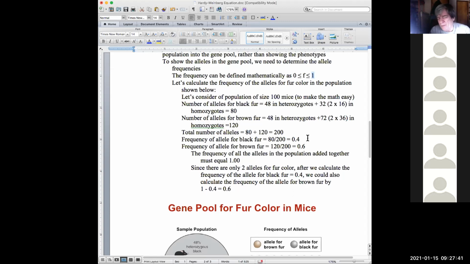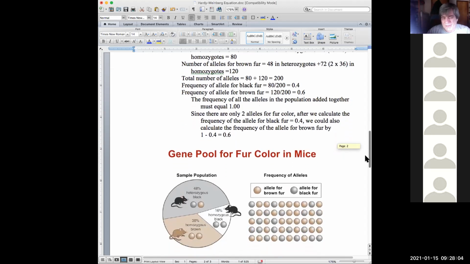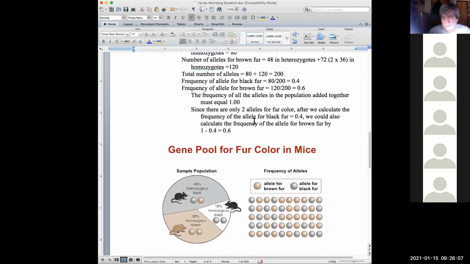Now, keep in mind, if we have weird numbers, and in some of the problems we work, we will. You've all worked math problems. You might get that one of these is 0.41 and one of these is 0.60, depending on how we do our rounding. So you might get 0.99 or 1.01, but it should be very close to 1. Like I say, it might be off a little depending on rounding.